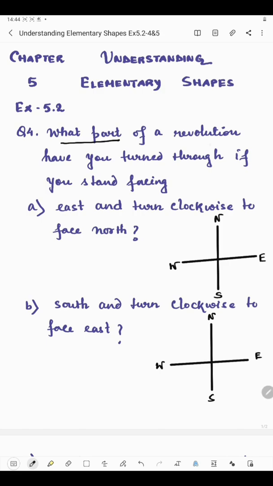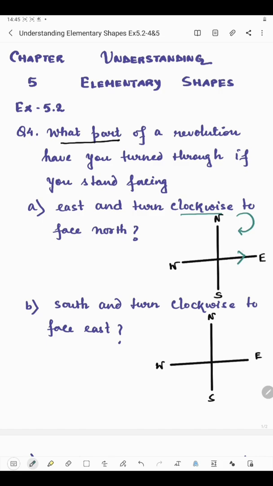Now what part of a revolution have you turned through if you stand facing east? That means you are facing east and turn clockwise to face north. Clockwise means it moves like a clock, okay? It rotates like a clock, like this. So this is called clockwise.